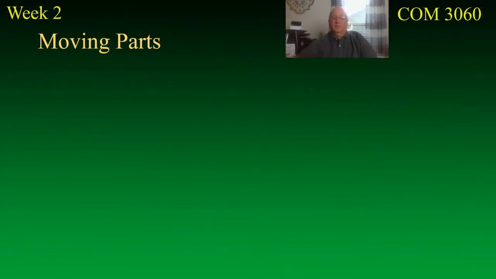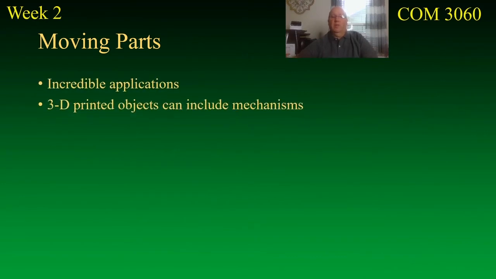Moving parts. Your objects have moving parts. You can basically add one layer to another, create some incredible applications. 3D printed objects can also include mechanisms. You can have parts that you design that move against each other. You can have multiple parts that fit, interlock, and fit in.